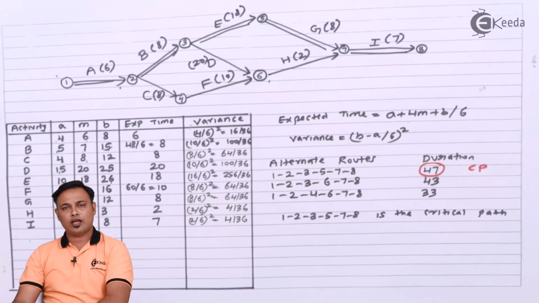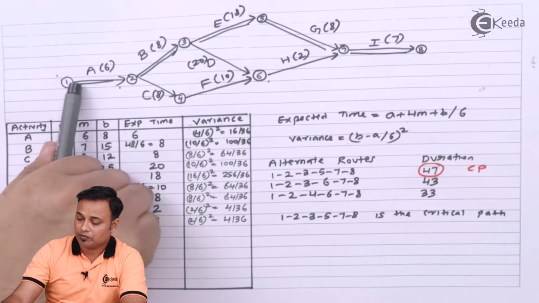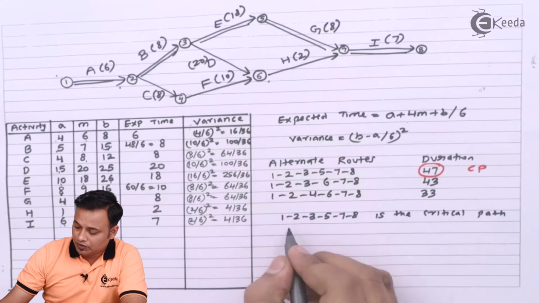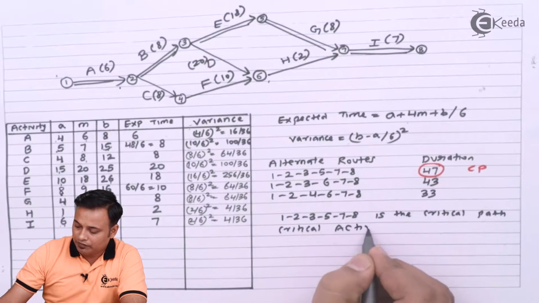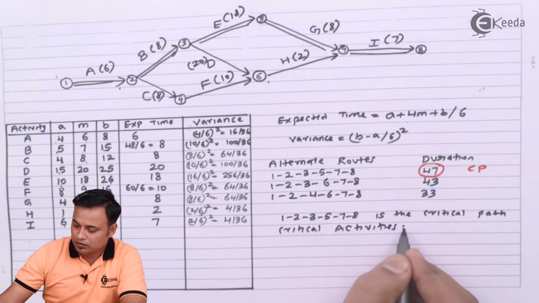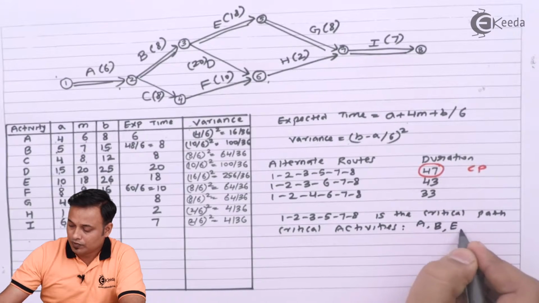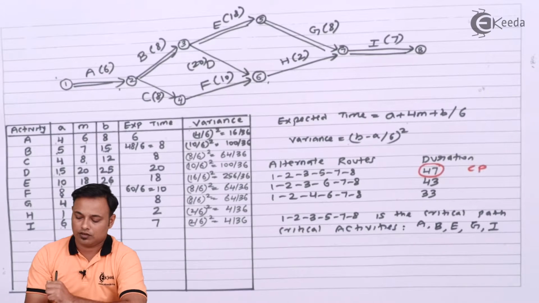This is your critical path. Now, what are our critical activities? A, B, E, G and I. So my critical activities will be A, B, E, G and I.